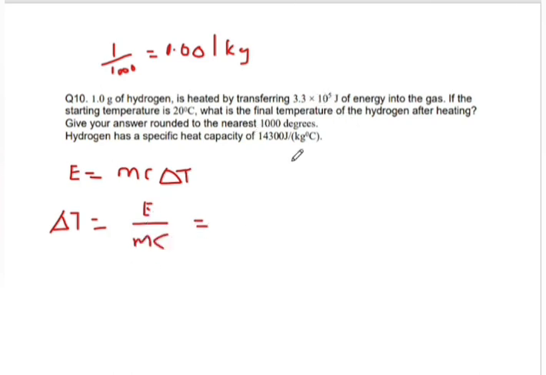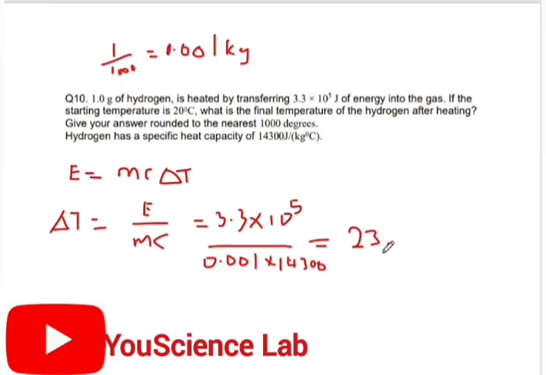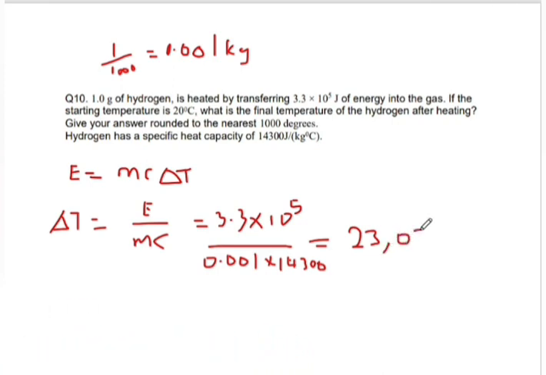On plugging in the values, the heat supplied is 3.3 times 10 raised to the power 5 joules divided by the mass, which is 0.01, times the specific heat capacity, which is 14,300 joules per kilogram per Kelvin. So if I press this on my calculator, delta T is going to be 23,077 degrees centigrade. So that is the change in temperature.